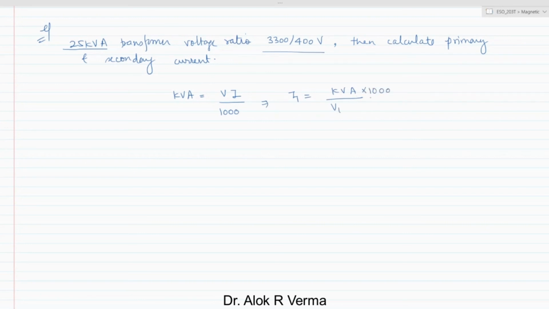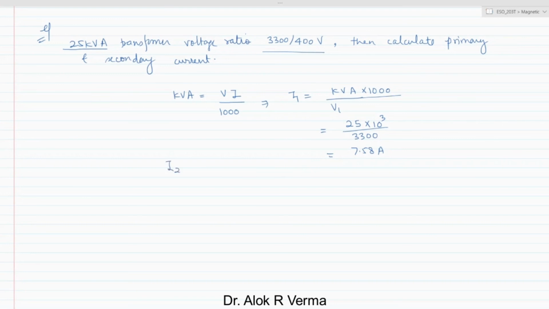Suppose this is 25 kVA, so 25 into 10 to the power 3 by V1, the primary side, 3300. So this will come around 7.58 ampere.